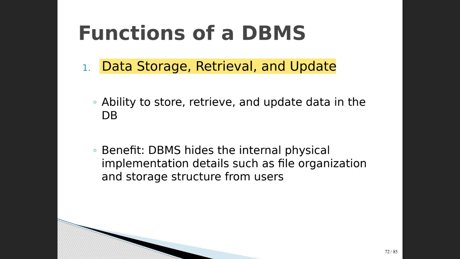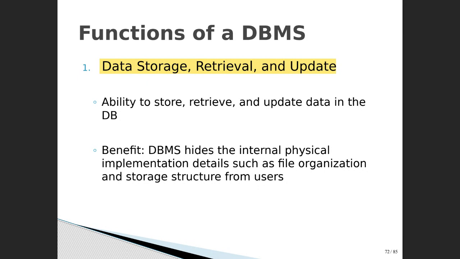All right. Also, we need to know that this mechanism, the ability to store, retrieve, and update, also integrates an ability to hide some aspects of data from unauthorized users. So for example, by having this mechanism, not all users are aware of the file organization, the file names, the file size, the storage structures.